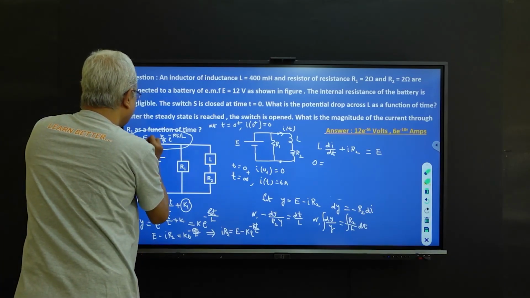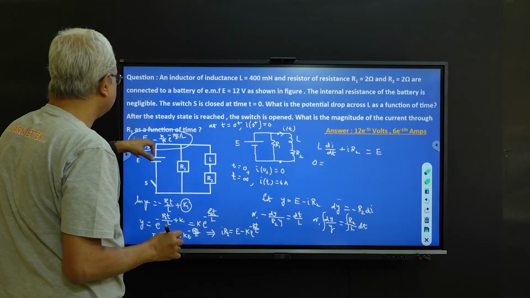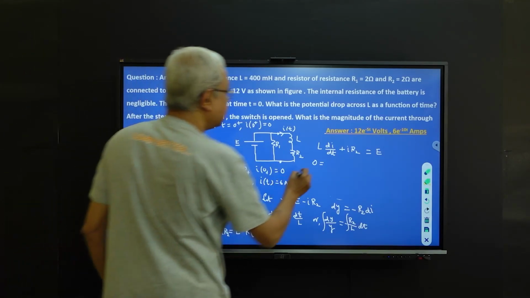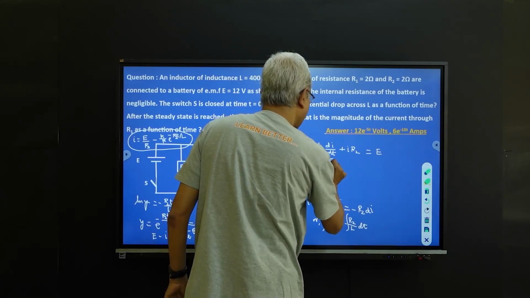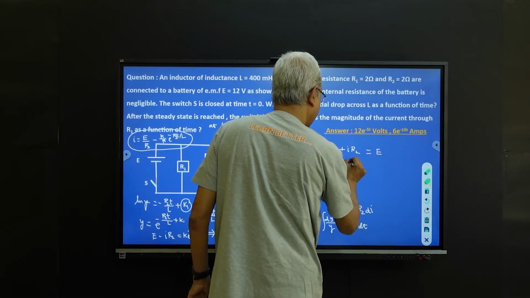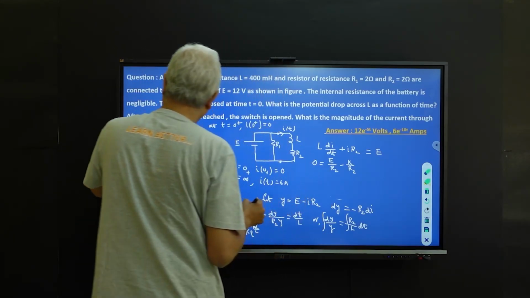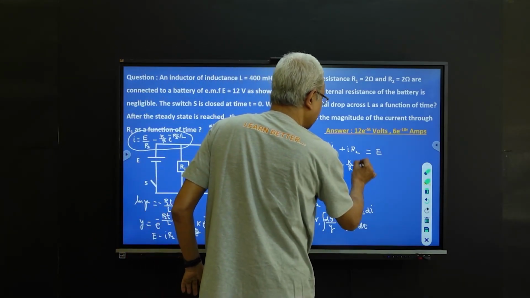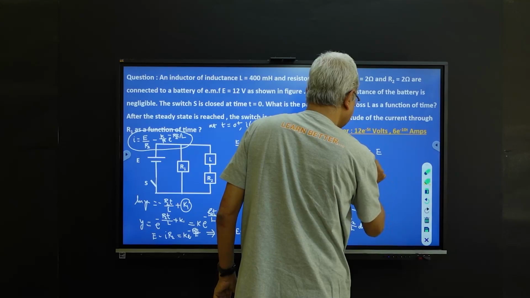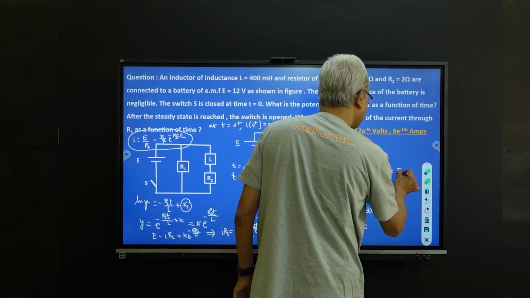So at t equal to 0 plus, the left hand side is 0, and this is E by R2 minus K by R2, and at t equal to 0, it is e to the power minus 0, e to the power 0, which is 1. That means K, the constant of integration, comes out to be E.